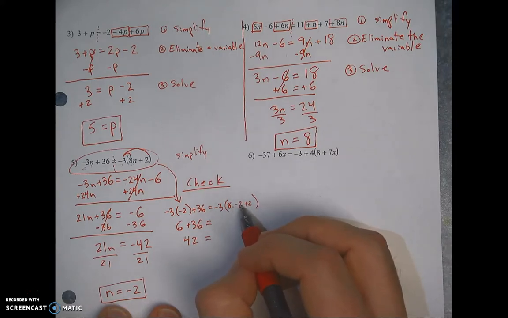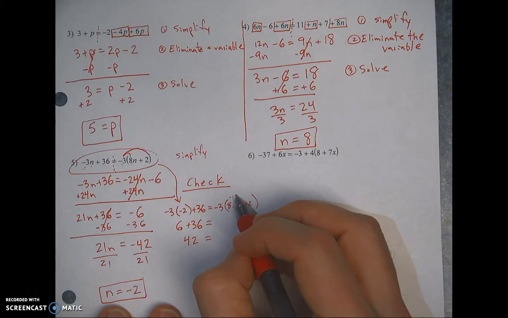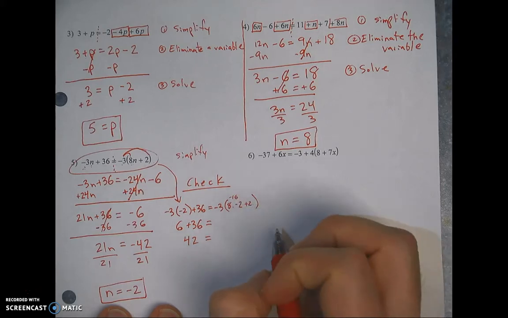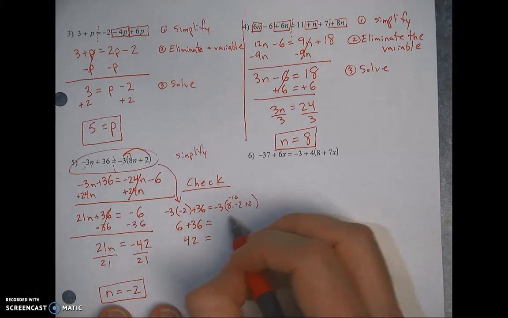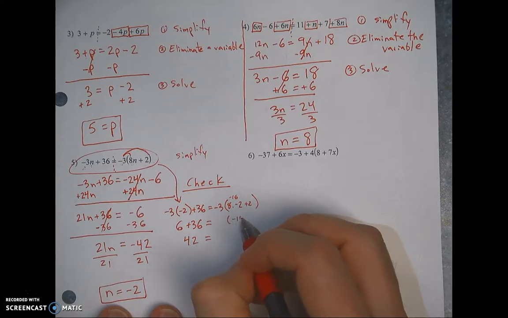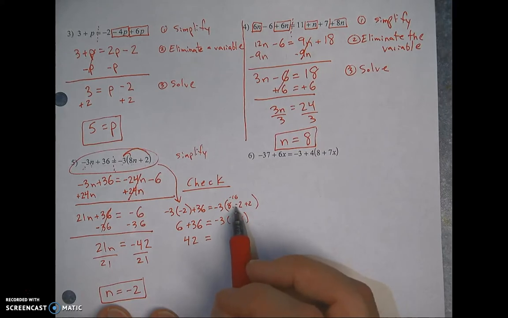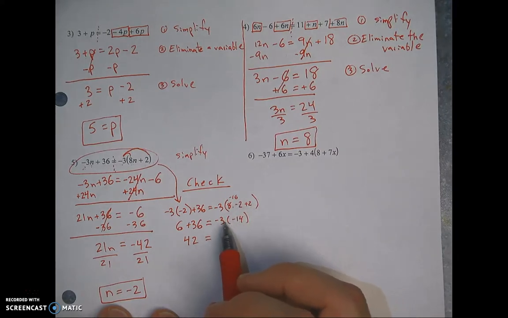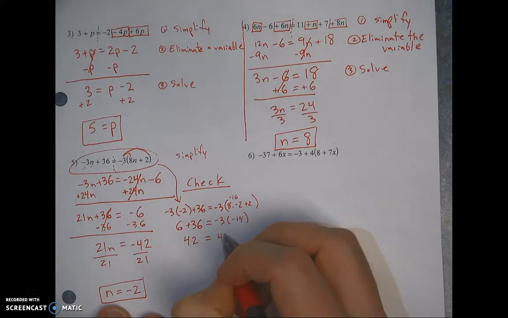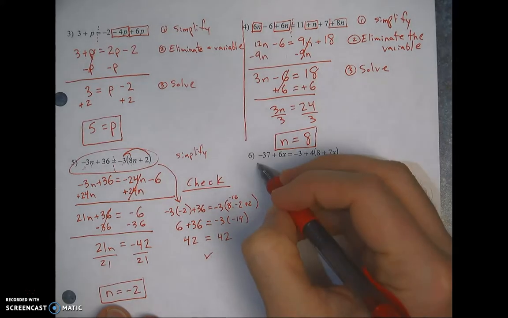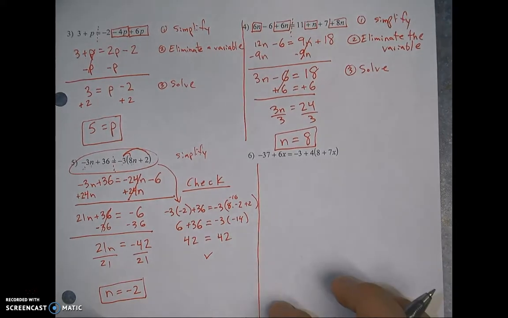So 8 times negative 2, that's negative 16. And when I add 2 to that, it's going to get me negative 14. So multiply and add inside parentheses, that gets you negative 14. And when you multiply these two together, you're going to get a positive 42. And always check that in the calculator. Make sure that this is actually what you got.